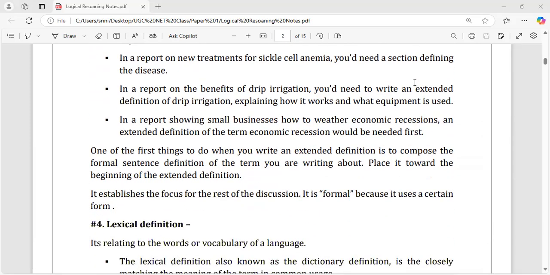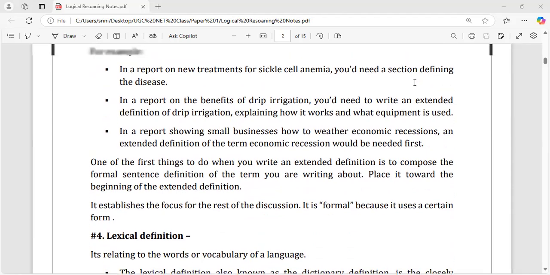One of the first things to do when you write an extended definition is to compose the formal sentence definition of the term you are writing about. Place it towards the beginning. It establishes the focus for the rest of the discussion. It's formal because it uses certain forms.